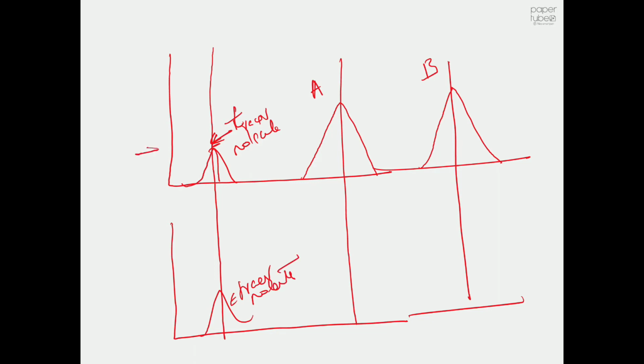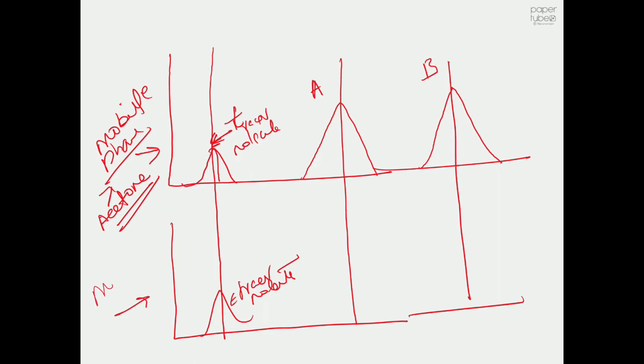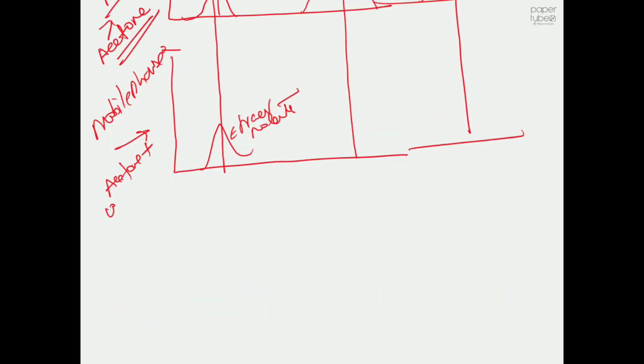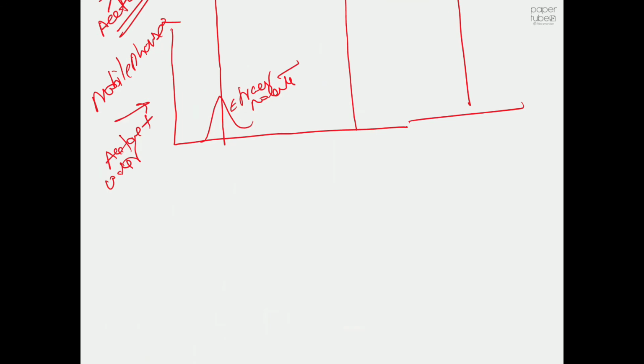This time we used mobile phase 1, let's say pure acetone, and in the second experiment we are using a new mobile phase 2, a mixture of acetone plus water. Again your retention time is something like that, and this time we get a result like this.